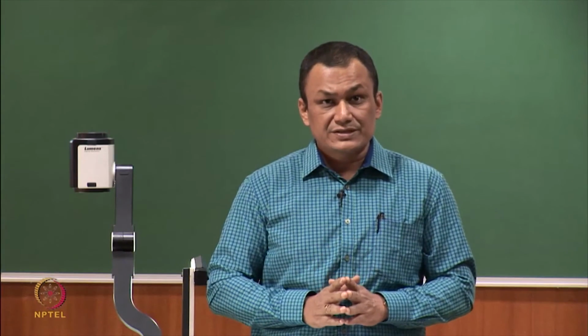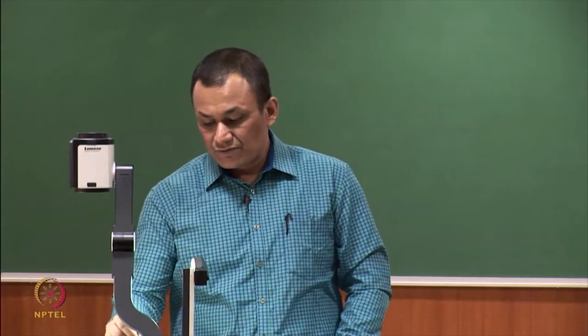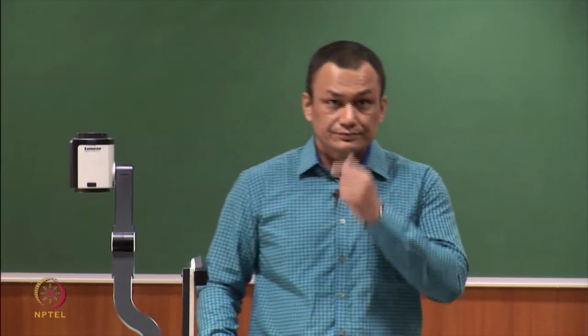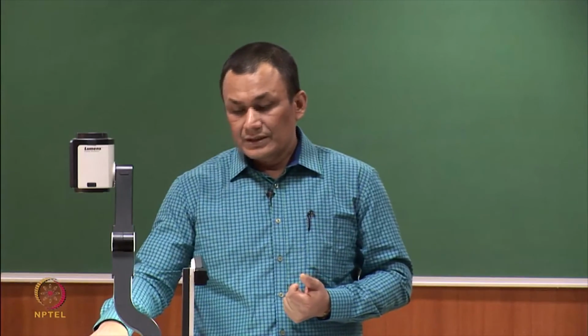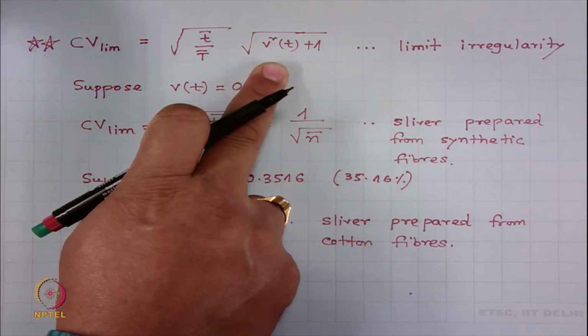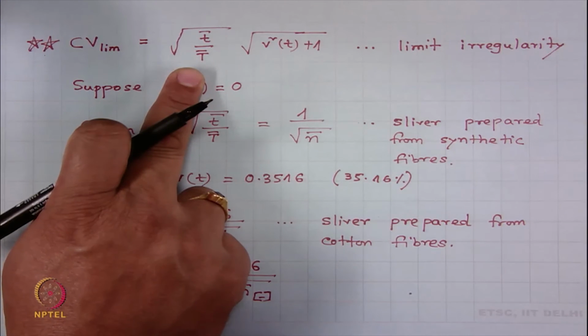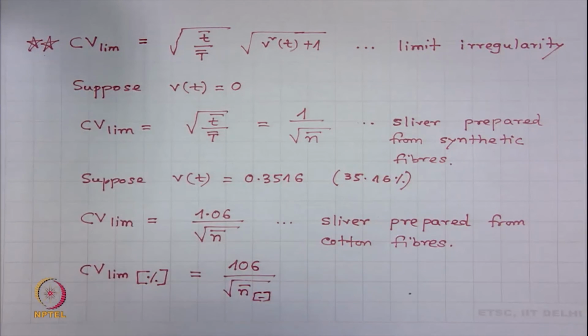Under these 4 assumptions, it is possible to derive this expression for limit irregularity. It is a quite general expression. If you know the CV of fiber fineness and you know the mean number of fibers present in the cross section of the sliver, you will be able to calculate limit irregularity for that sliver.